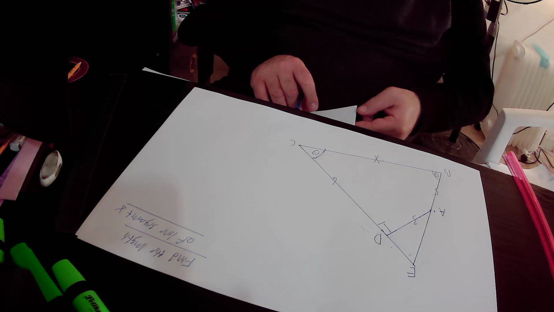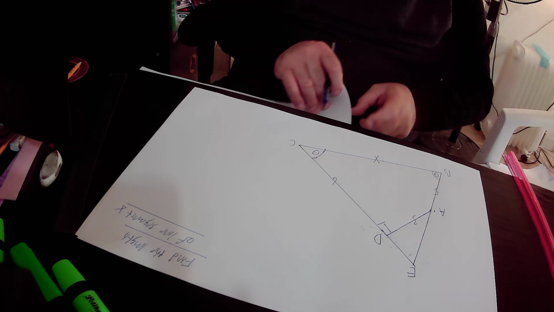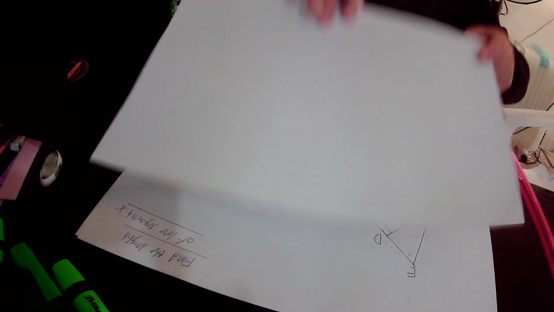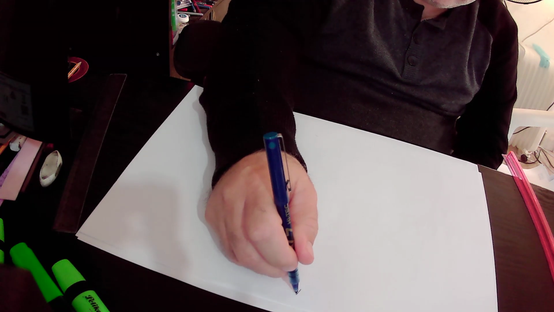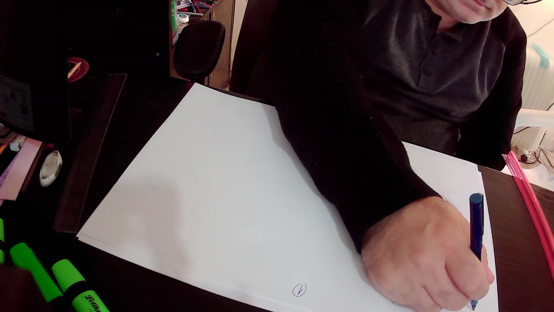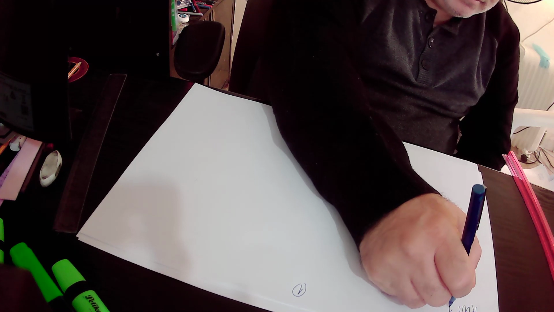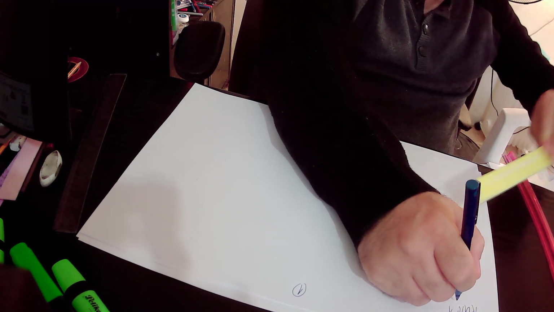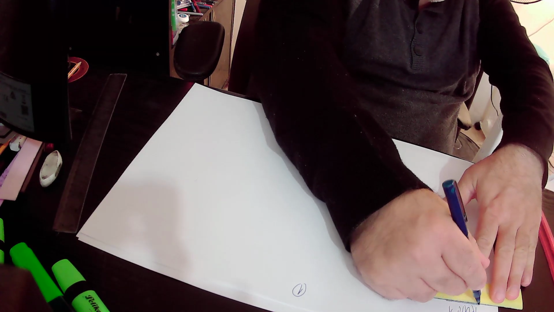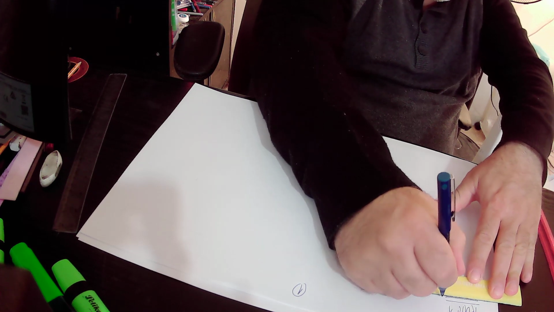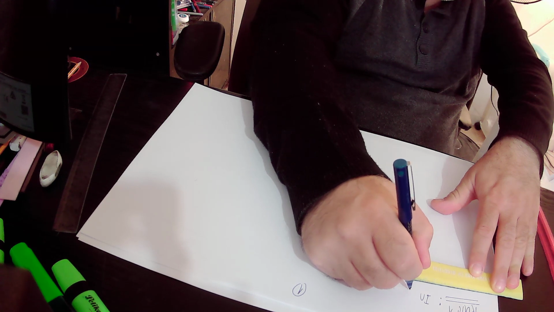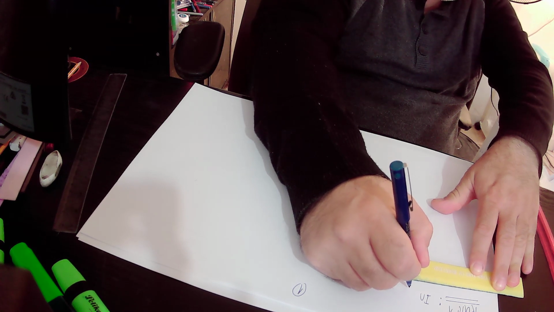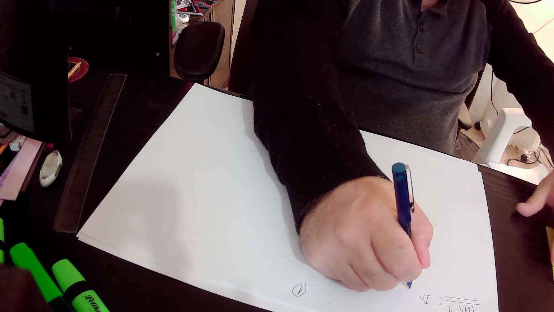So according to rule number 1, in front of equal angles in the triangle there are equal sides. I'll write it down.